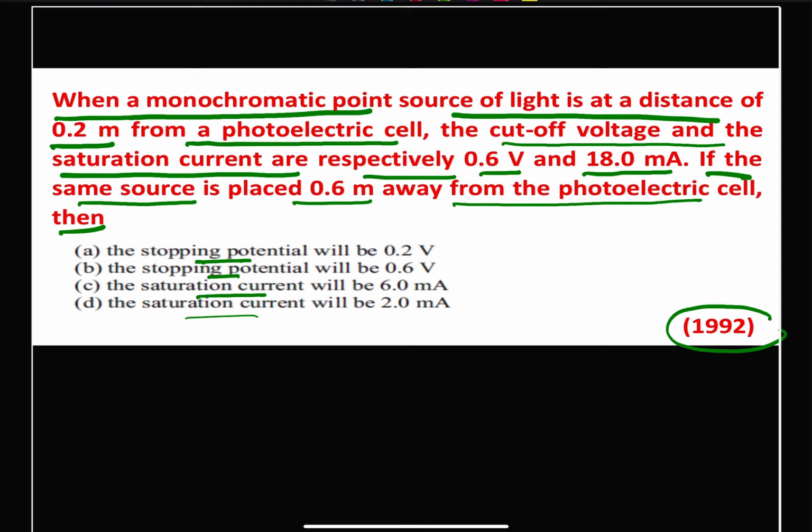So we are given two distances. First distance is 0.2 meter, second one is 0.6 meter.